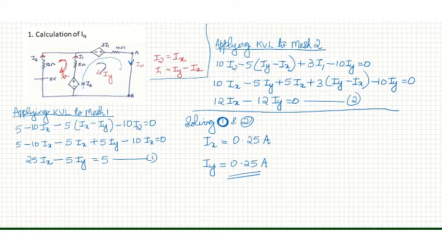Our aim is to find out IN. From the diagram, it is clear that IN is equal to IY. So we can write IN is equal to 0.25 ampere.